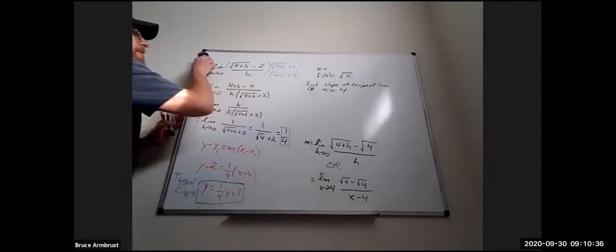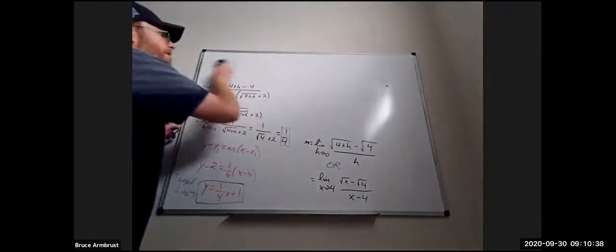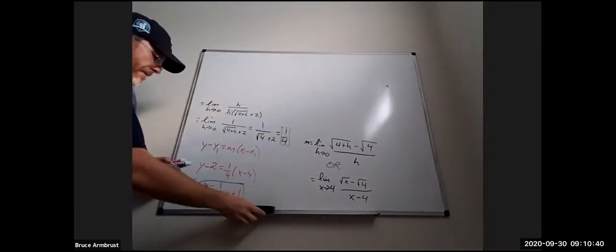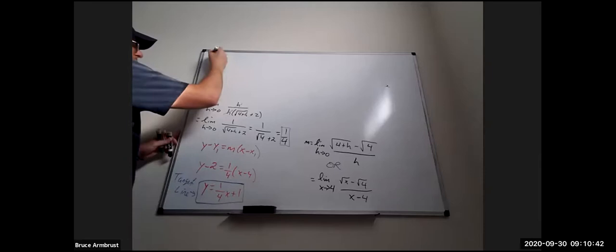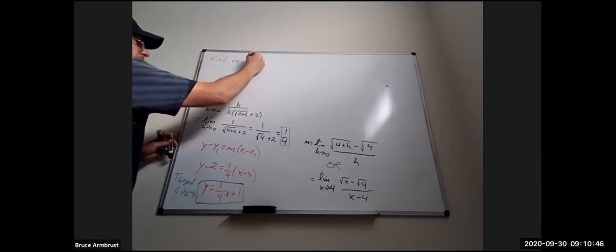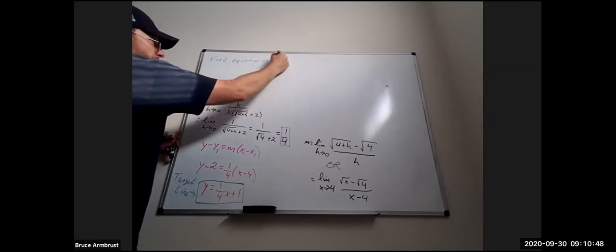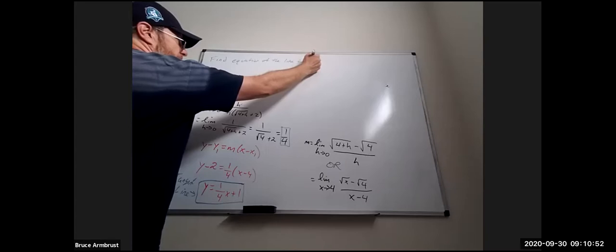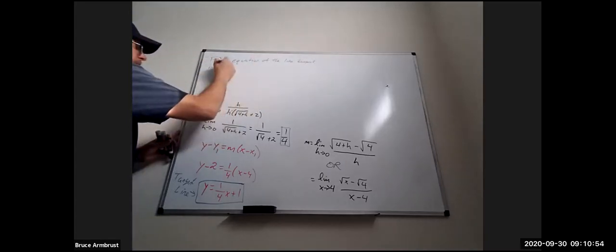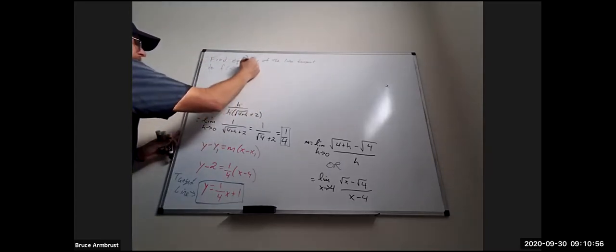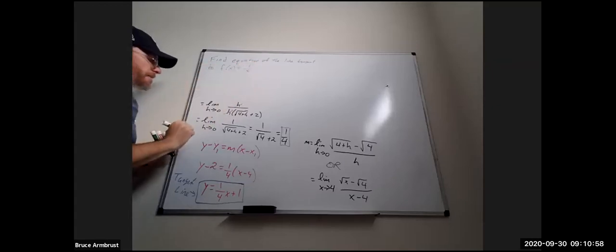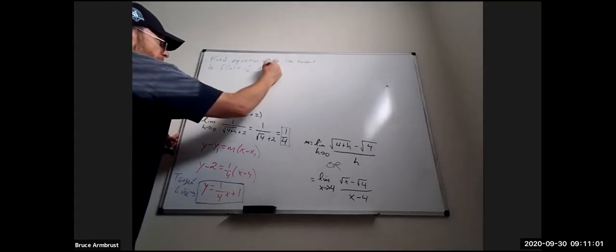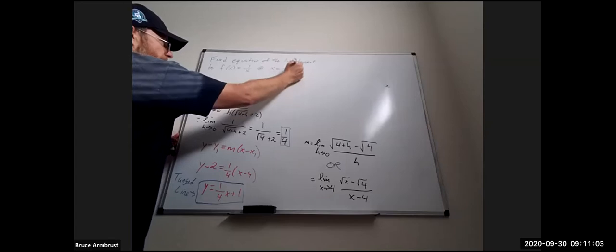All right, well, let me give you another one here. And let's do exactly the same thing. So this time I'll even say, let's find the equation of the tangent line, or the line tangent, to f of x equals 1 over x at x equals -1.